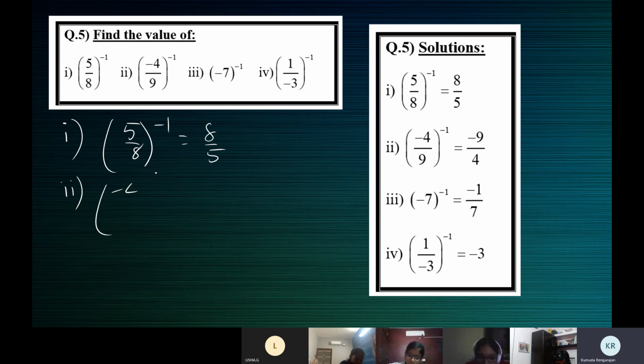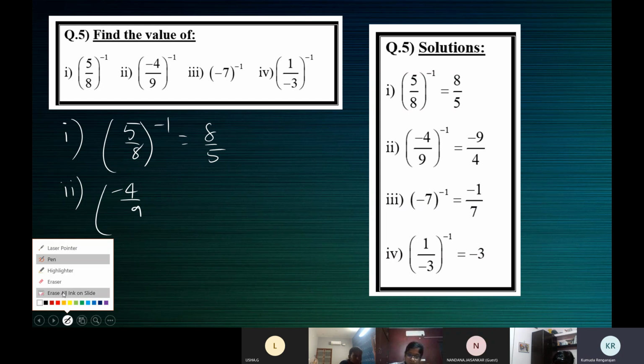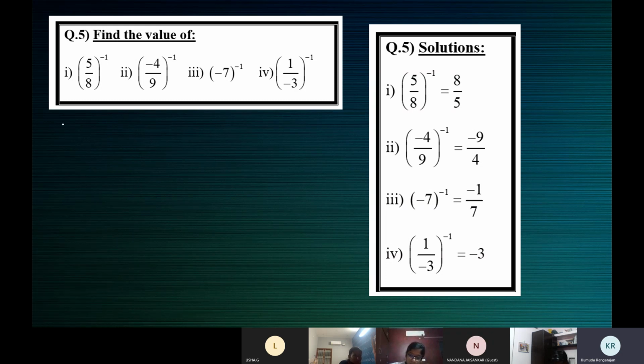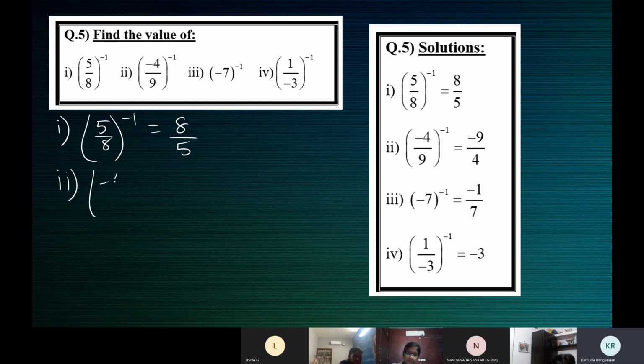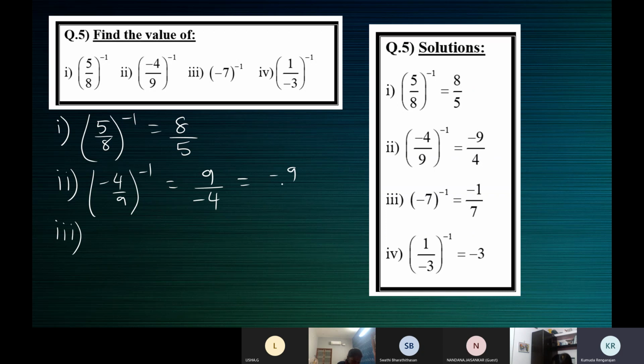For the first and second, I just want you to write it like this. Please write from what I am writing now, children. 5 by 8 to the power minus 1 is 8 by 5, the reciprocal. The second one, minus 4 by 9 to the power minus 1, we'll write as 9 by minus 4. It's the same as minus 9 by 4. It's the same thing, but we'll put it as minus 4, so we'll write it as 9 by minus 4. You can say it's the same as minus 9 by 4.